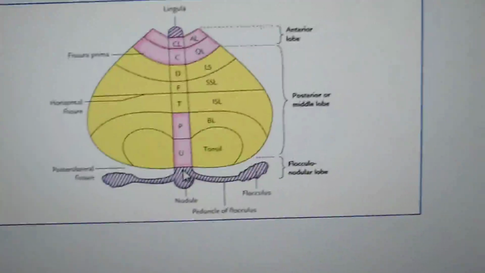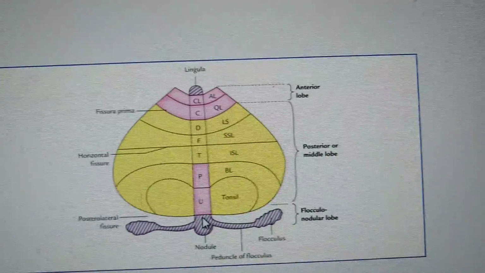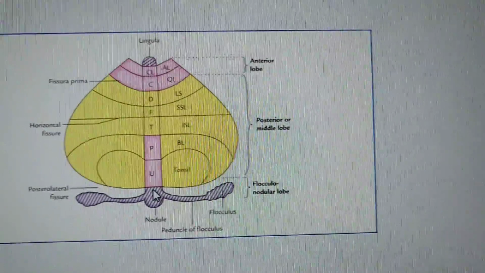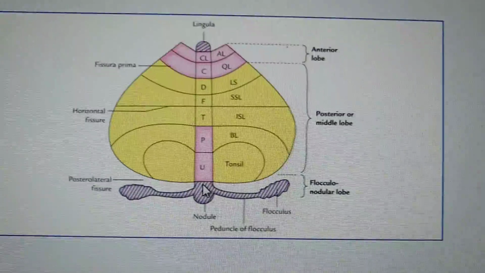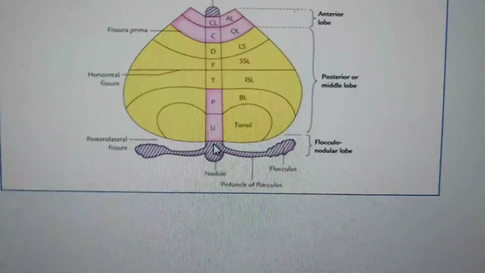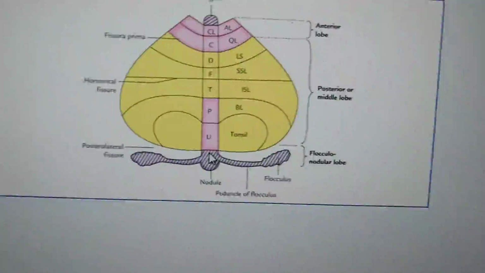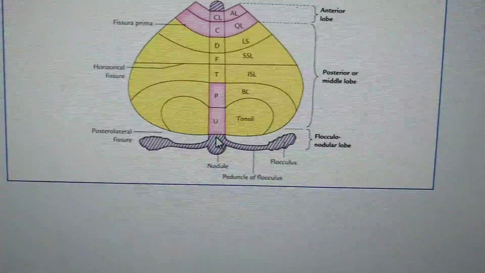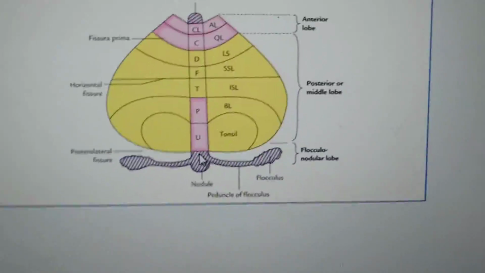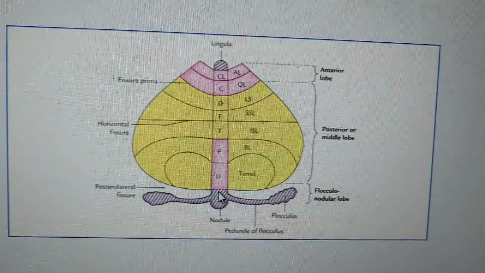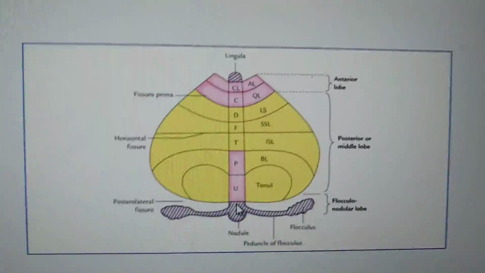Now let us see the subdivisions based upon the phylogenetic criteria. It is divided into archicerebellum, that is the oldest part, then paleocerebellum and the neocerebellum. Neocerebellum is the newest and the paleo is the middle between the old and new.